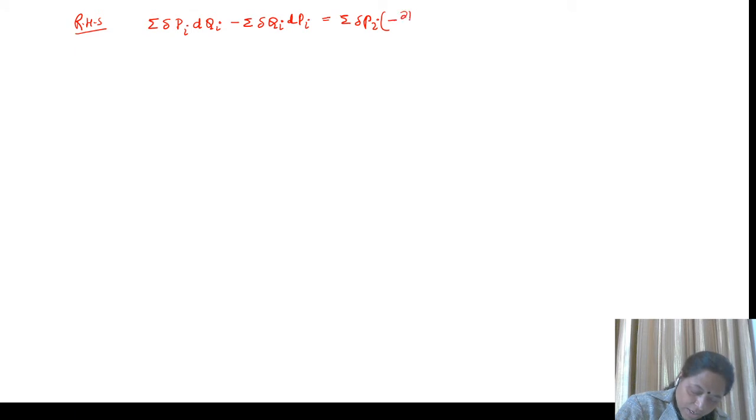It is delta K delta pi dt. Come to this summation delta qi. Its value is delta K delta qi dt.